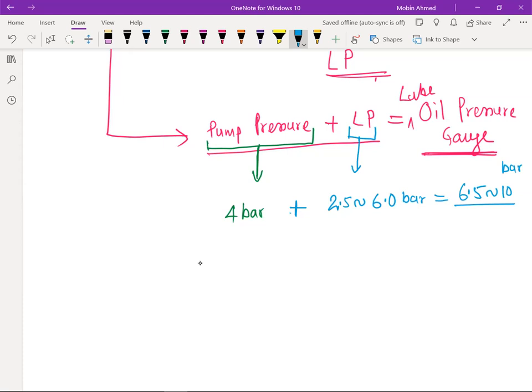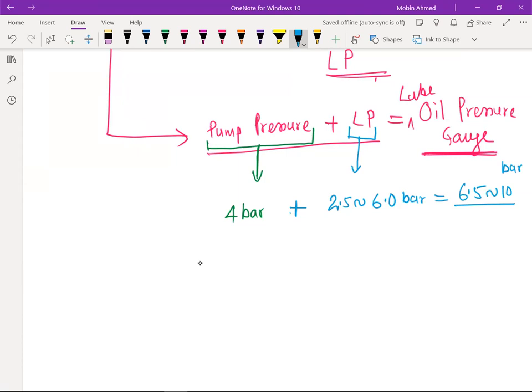So this is also going to vary as per the LP. Whenever you look at your lube oil pressure gauge, you will have seen it always showing a higher reading than your LP pressure. Whatever the LP pressure is, your lube oil pressure should always read higher than that.